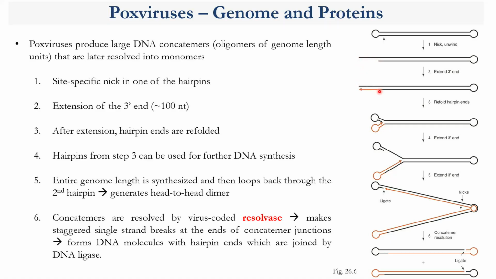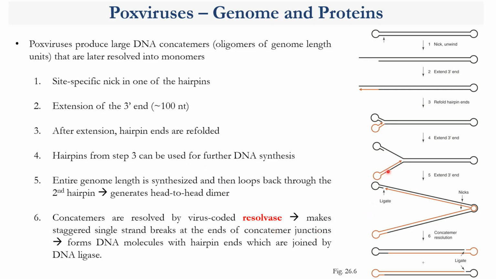So what you need is a synthesis from this strand in that direction. And after this extension happens, your hairpins are refolded back. So this is where you form those primer structures, okay? And from here, you can use this for further DNA synthesis, and then you synthesize the entire genome length with that DNA polymerase, okay?